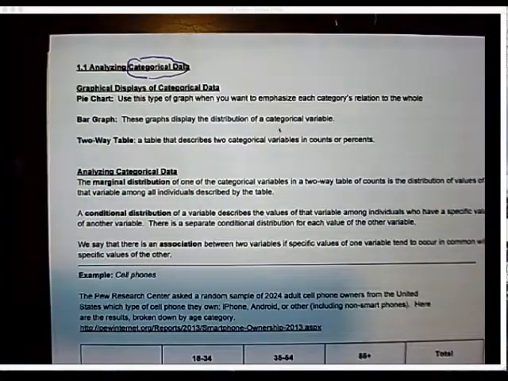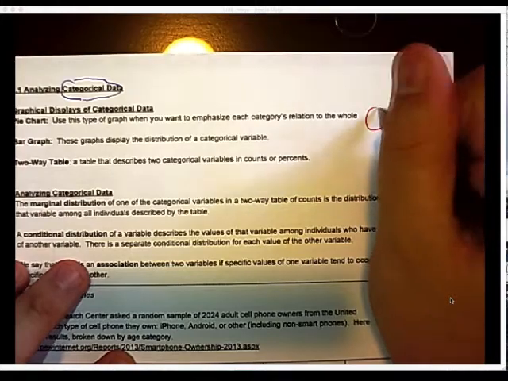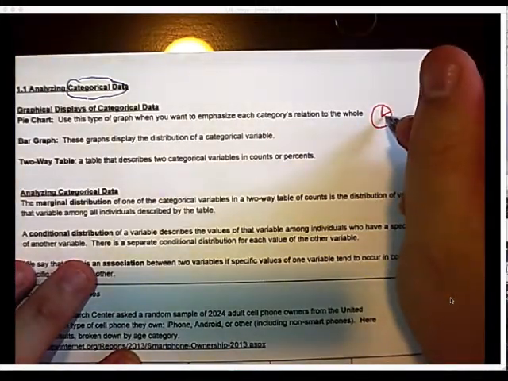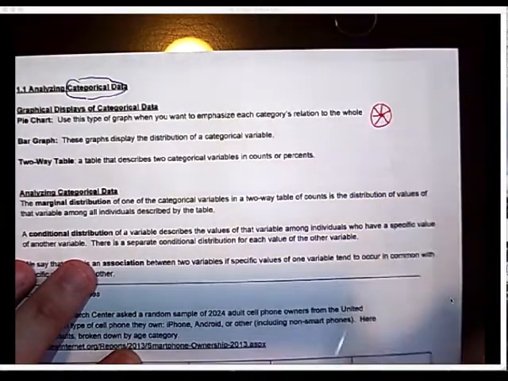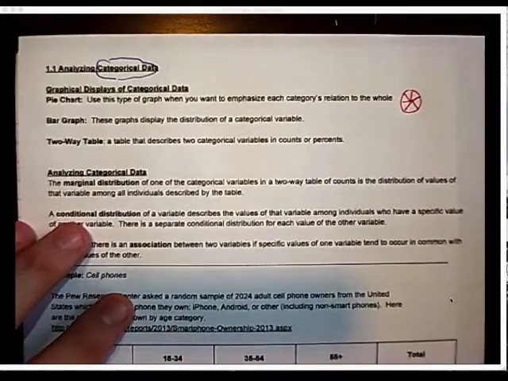In a pie chart, we use pie charts when we want to emphasize each category's relation to the whole. So kind of like in the last example, I could take a circle or a pie, and since all the degrees add up to 100%, we could break that up into pieces that represent how much each part makes up of the whole.